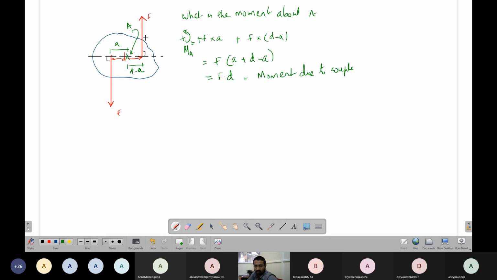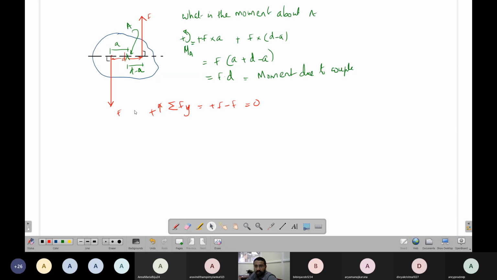So basically, I am replacing this force system. Let's say, what is the summation of forces in the vertical direction, Fy? Up is positive. Plus F minus F equals 0.